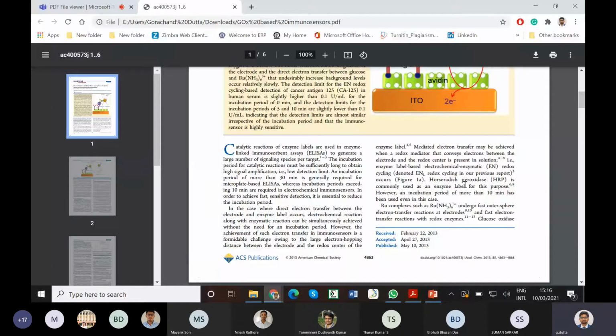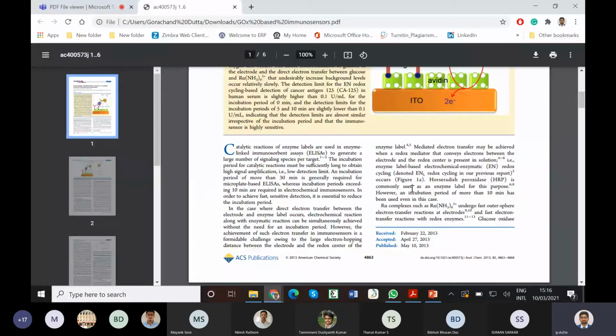Horseradish peroxidase, HRP, that is one enzyme, is commonly used as an enzyme label for this purpose. Generally for enzymatic reactions or redox cycling enzymatic reactions, horseradish peroxidase is commonly used. But how will you prove it? You should have some reference, right?